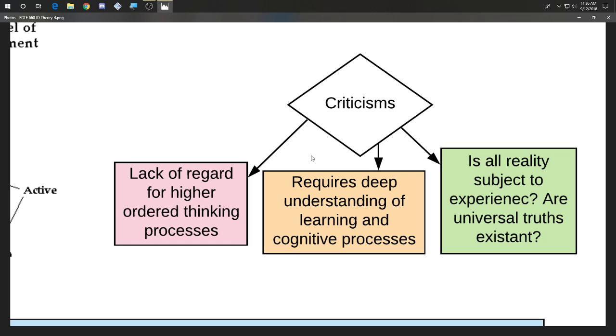So, criticism of behaviorism: a lack of regard for higher order thinking processes. This is in my own practice in special education. There are a lot of detractors that are very well-respected special educators that believe, let's say, the process of applied behavior analysis for students with autism is, I've heard people use very strong language in opposition to ABA because they say it's glorified Skinner box operant conditioning.